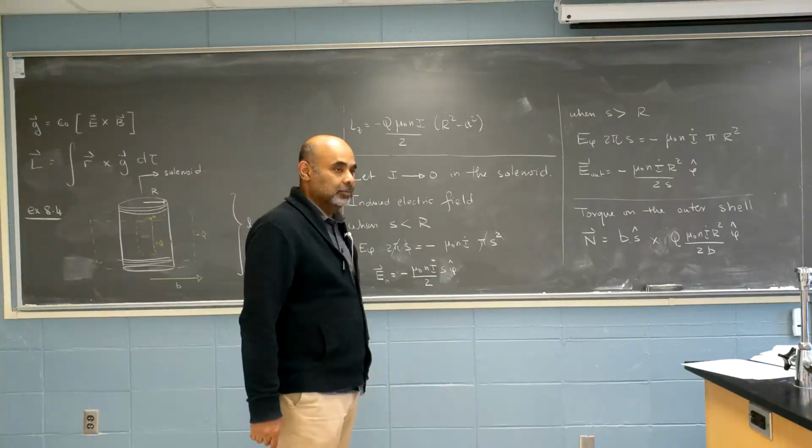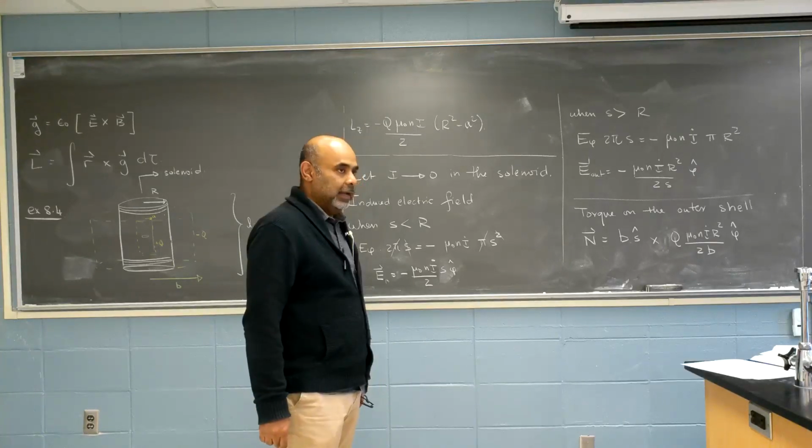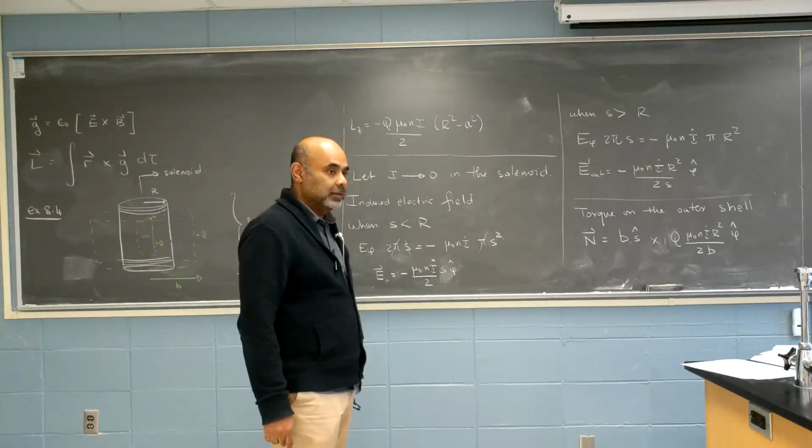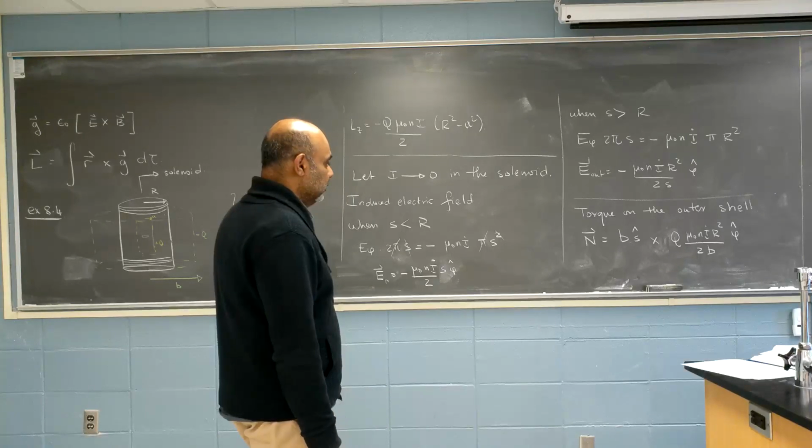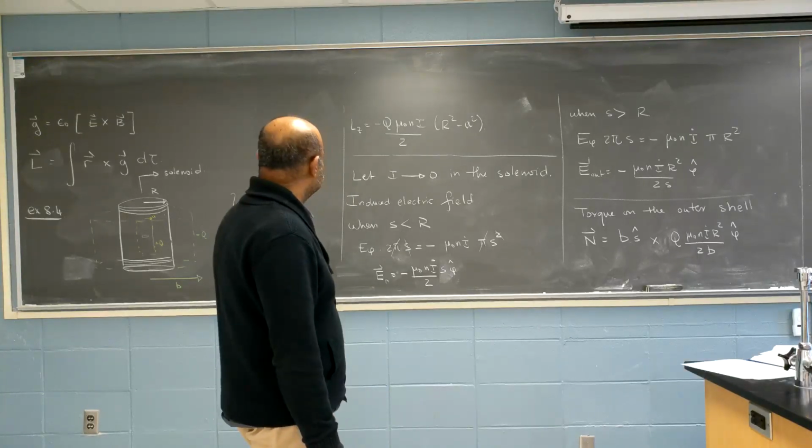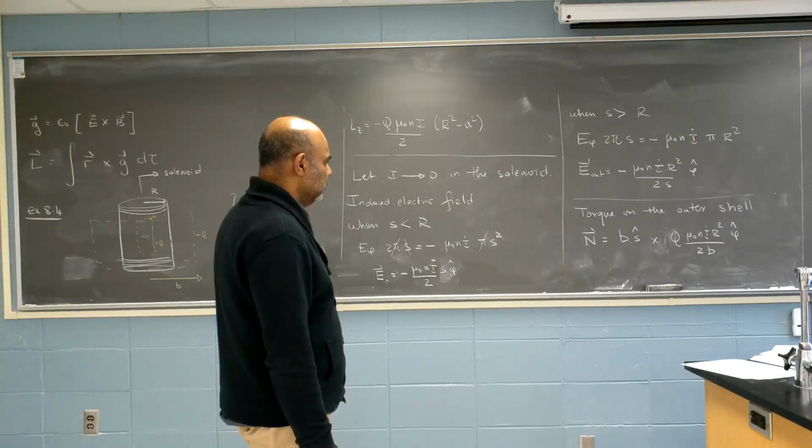It's going to be q. And s hat cross phi hat is what? Z hat. We lost our charge because it made it negative Q, right? Correct. Just keep it out there as negative Q.